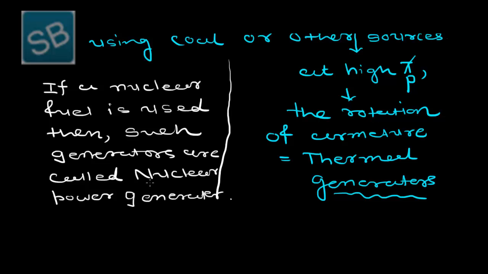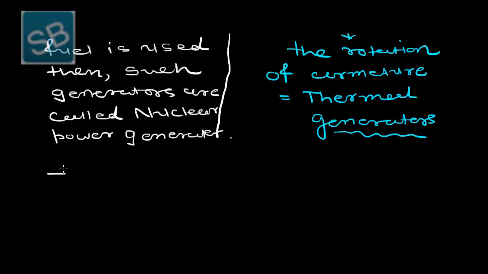So here we have studied three different types of generators. First was hydroelectric, the second one was thermal, and the third one was nuclear power generator. Now, a modern-day generator produces electric power as high as 500 megawatt.